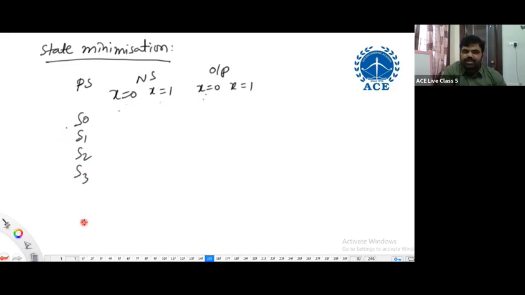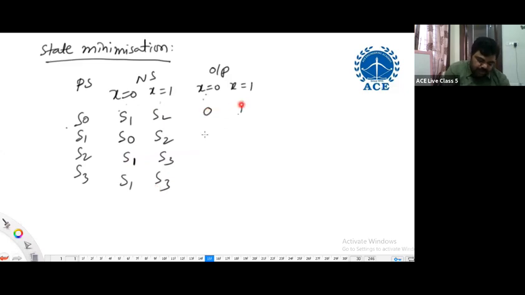Or you can use ABCD also, or PQRS also. No need to use only S0, S1, S2, S3. Your wish. Not a problem. So let me take it like this: S1, S2, S0, S2, S1, S3, S1, S3, for example.